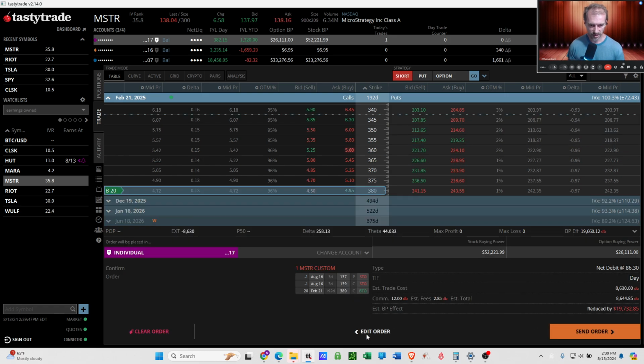So let's check the price of this. The put that I was selling at the money was going to cost me 10. And I'm getting 20 of these at $500 a pop. That's another 10.